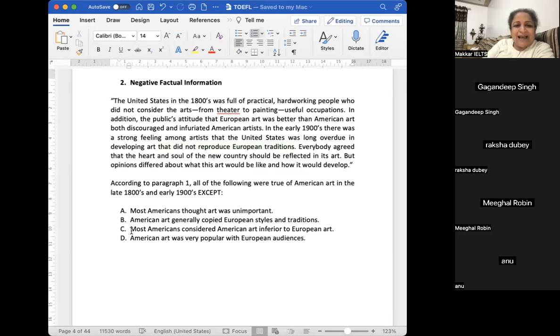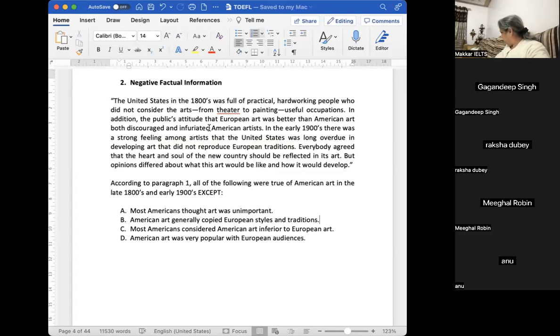C: Most Americans considered American art inferior to European art. अब यहाँ पे देखो. In addition, the public's attitude that European art was better than American art both discouraged and infuriated American artists.